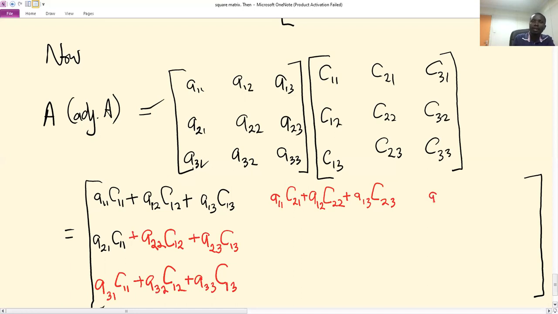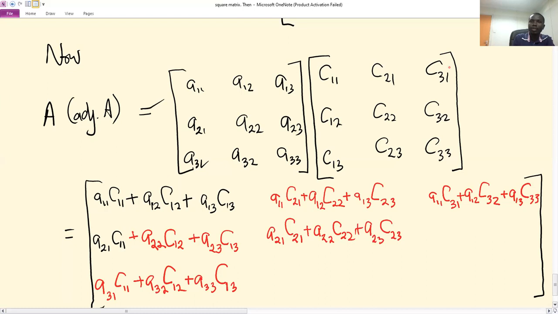And then here we'll have A11 C31 plus A12 C32 plus A13 C33. Then A21 C21 plus A22 C22 plus A23 C23, and A21 C31 plus A22 C32 plus A23 C33.